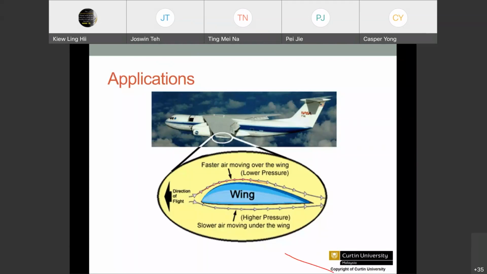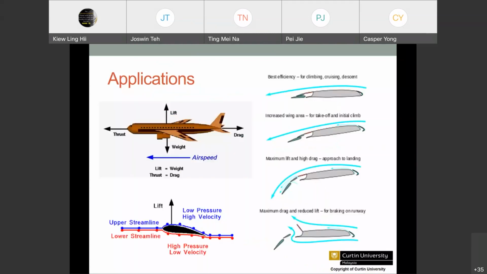So it helps the flight to lift up into the air. During landing or takeoff, you will see a change in the direction of the wing in order for the flight to take off easily and land safely.